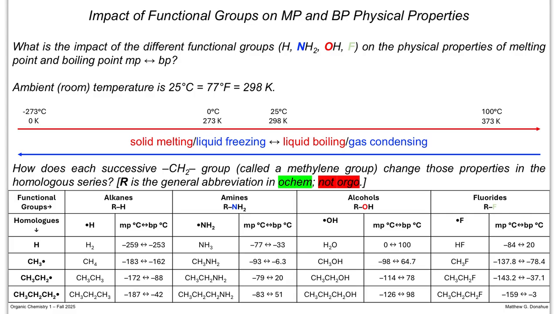One thing I want to squash right now in this class and in your lab: don't ever use the response that the weight is affecting the change in melting or boiling. It's really not a valid answer. It's the properties of the functional groups present that are changing the physical properties.